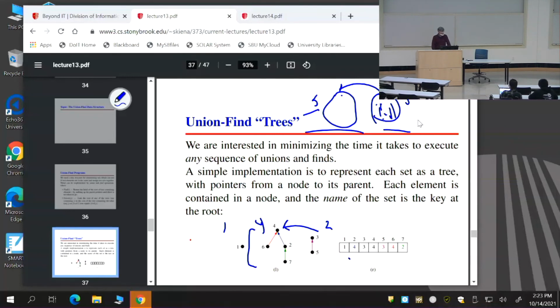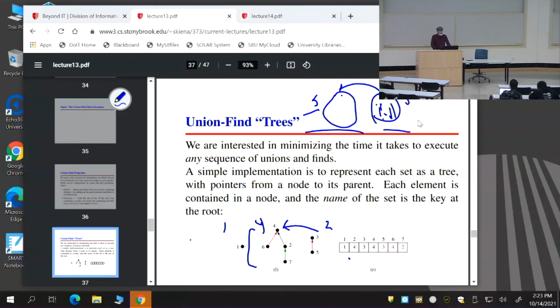It doubled. How many times can I double things until I get to every node in the tree? What I heard, log n? Why is it log n? Because log n is the number of times you can double something till you get to n.